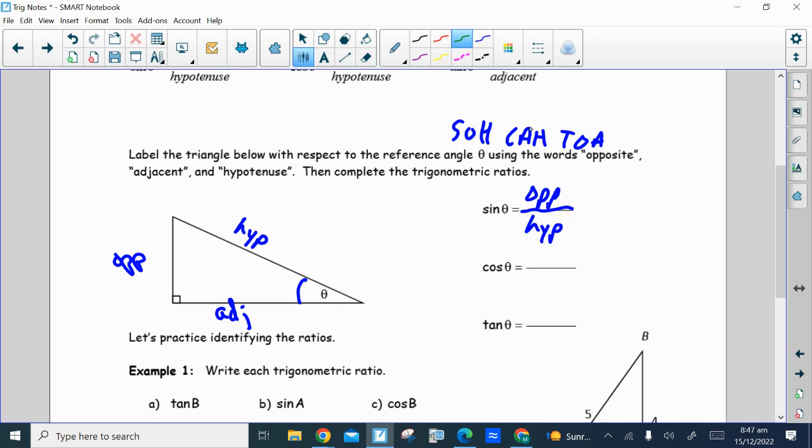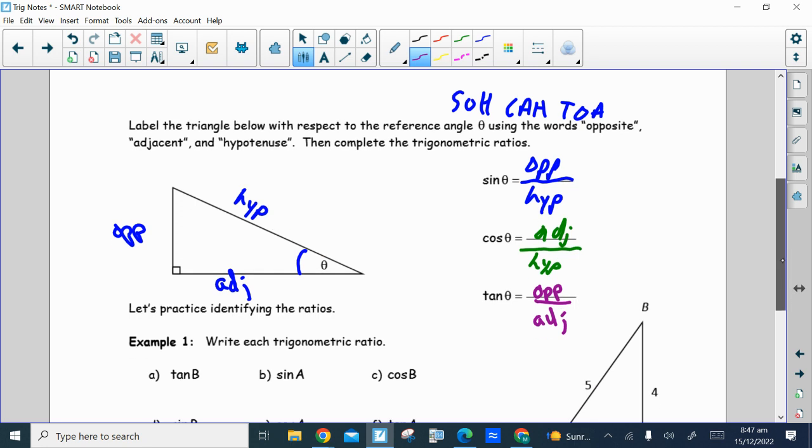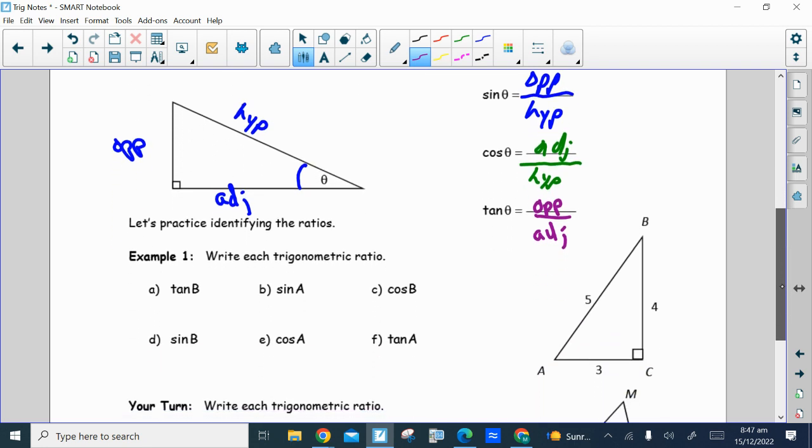Cosine is adjacent first, hypotenuse second: adjacent on top, hypotenuse on the bottom. And the tangent, that's the TOA part. It's opposite first, adjacent second: opposite on top, adjacent on the bottom. And again, we're going to see how we can use these to find missing sides and missing angles in right triangles.